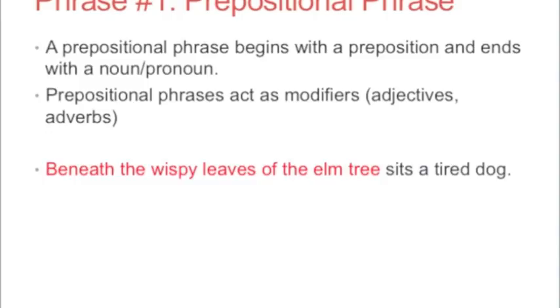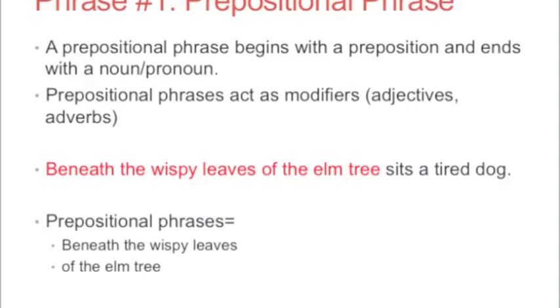Beneath the wispy leaves of the elm tree sits a tired dog. And there's actually 2 prepositional phrases here. We have beneath the wispy leaves, and I know that that's one because it starts with a preposition and then it ends with a noun, right? The object of the preposition. Beneath what? Oh, beneath the wispy leaves.